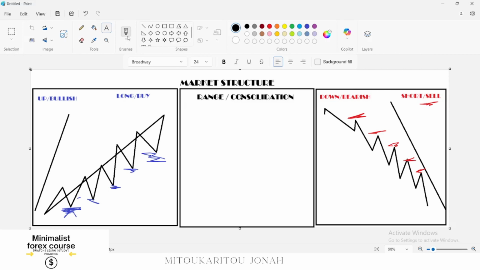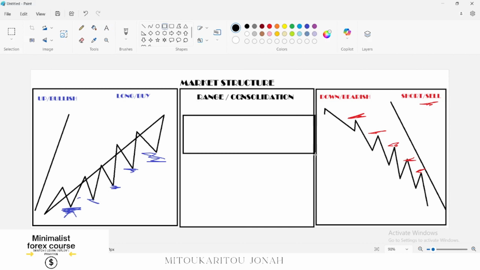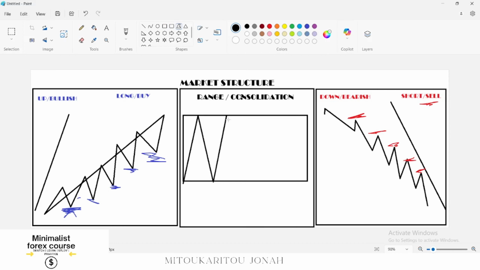Okay, so in a consolidating market, what the market does is it still moves, like it still creates highs and lows, but it looks for a fixed high and a fixed low, and then because it does not have the strength, it just plays inside. It just keeps bouncing along the container. So it's like a container, like a channel.